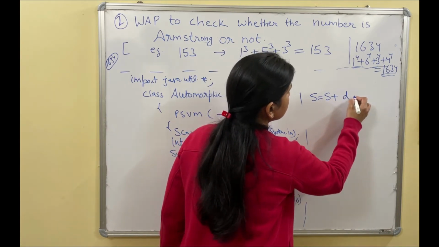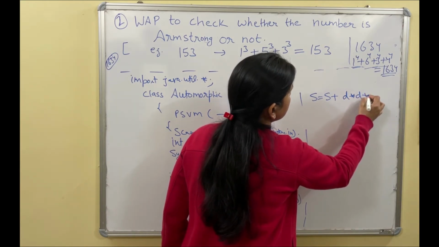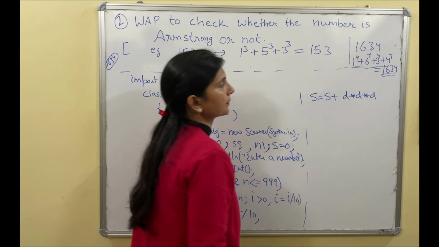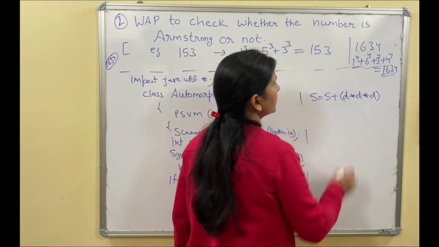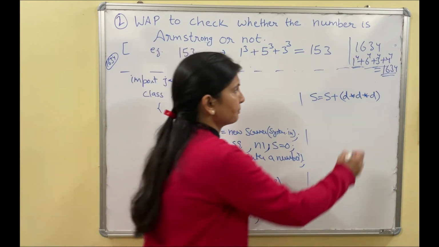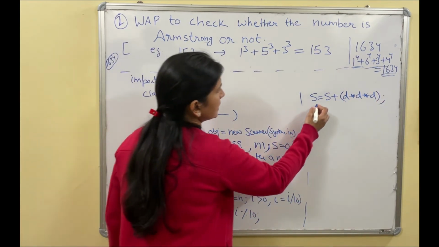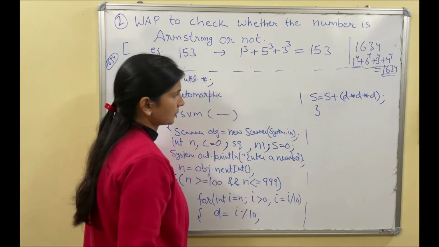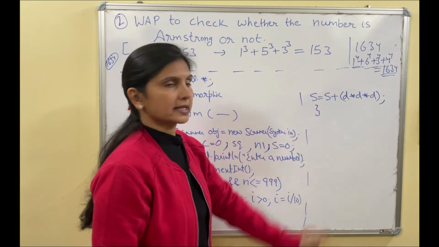So how will you calculate? d * d * d, right? So you can give this in brackets. Fine. Now it will calculate the sum. Then for loop close. After coming out from the loop, you will get the total sum.